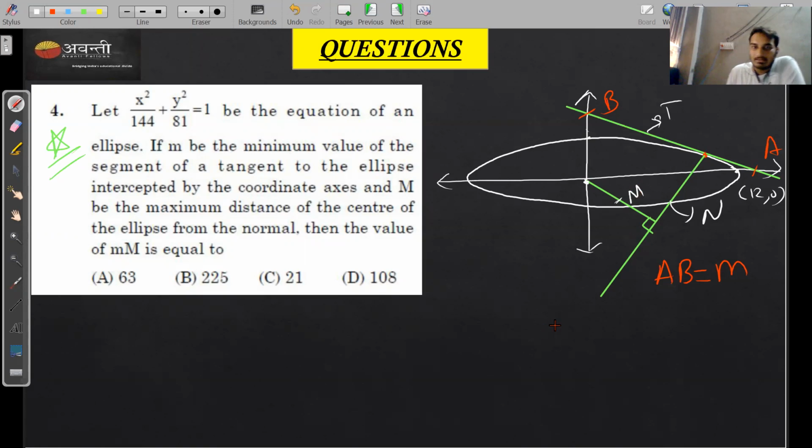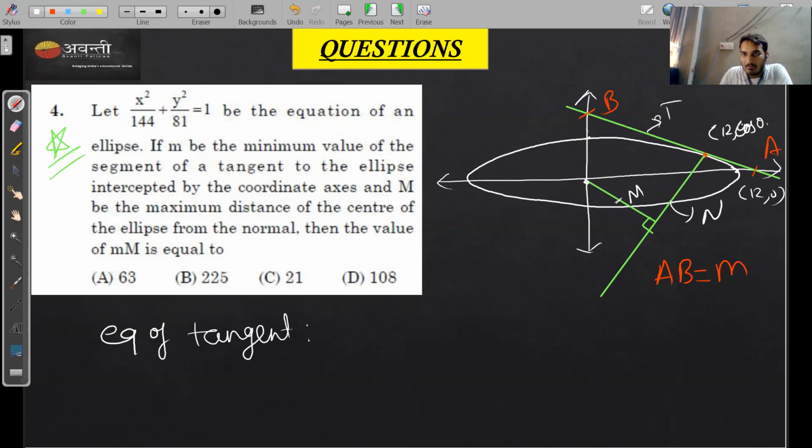So how do you find the equation of tangent? You can assume this point as a cos theta comma b sin theta, which means 12 cos theta comma 9 sin theta.